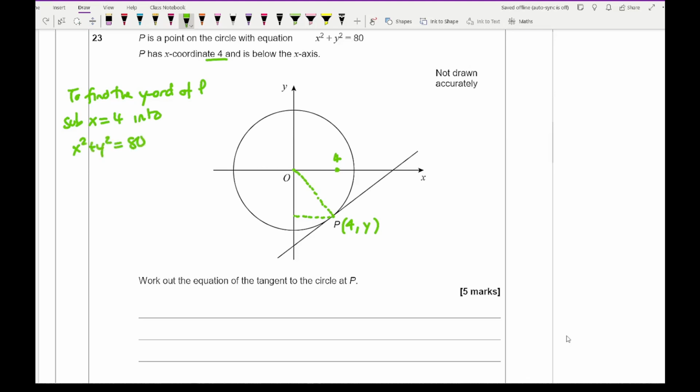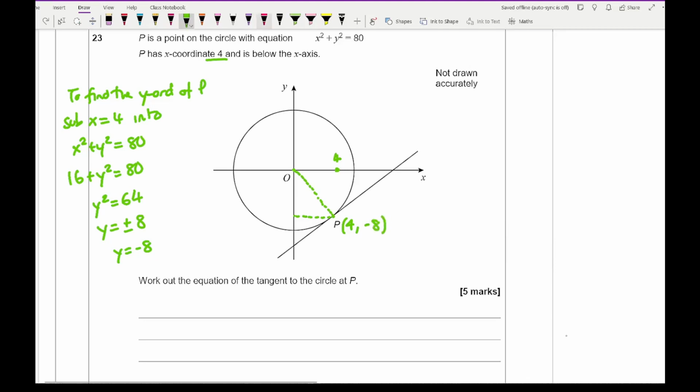If I substitute 4 into that, I get 16 plus y squared equals 80. So then y squared equals 64. So y is going to equal plus or minus 8. Because we know it's below the x-axis, y is going to equal minus 8.